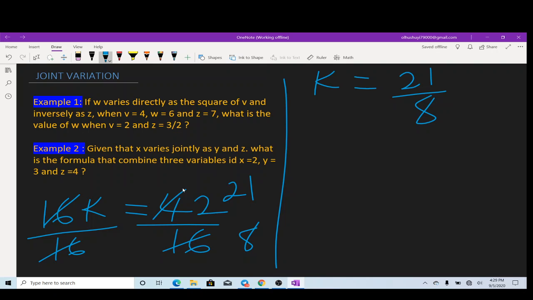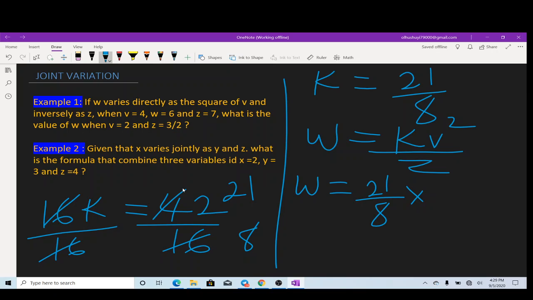Don't forget, the formula is W equals K V squared upon Z. V was 4 before, but V is now 2. So W equals 21 divided by 8 times V squared, that is 4, then divided by Z, and Z is 3 over 2.